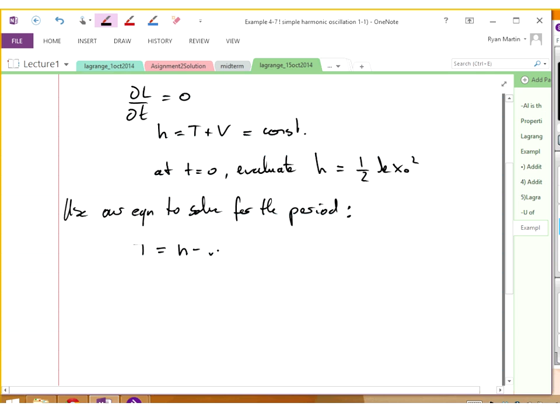So we want to write that T equals h minus V. So that's a half m x dot squared equals a half k x naught squared minus V, which is a half k x squared.